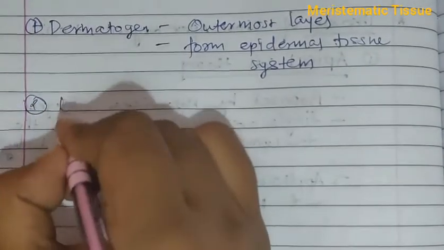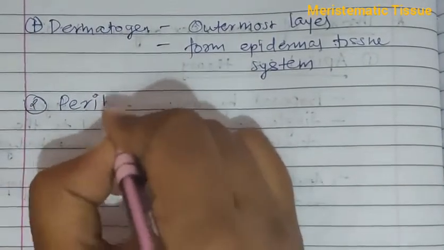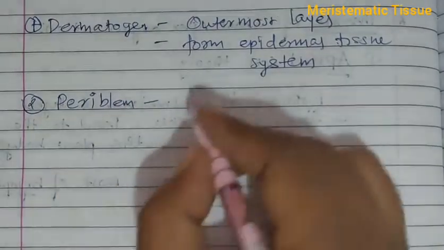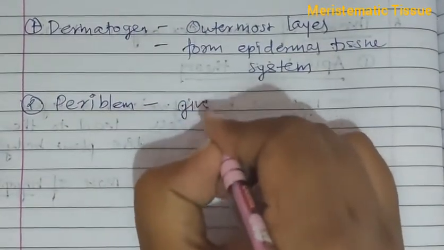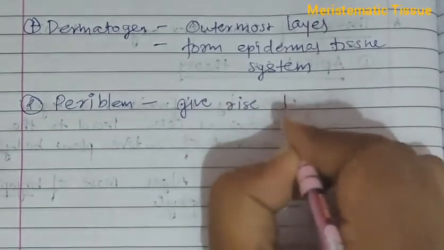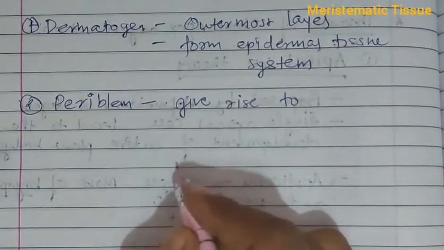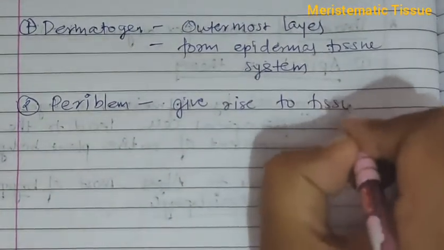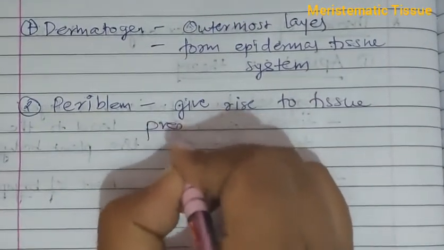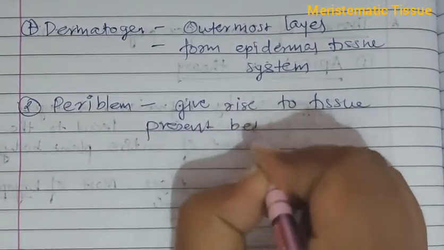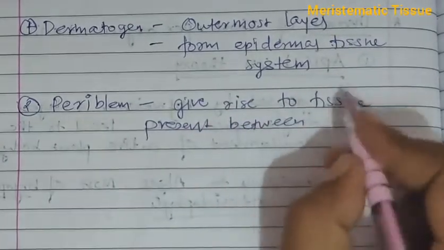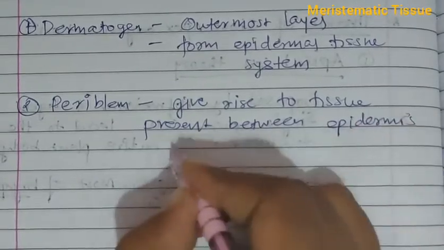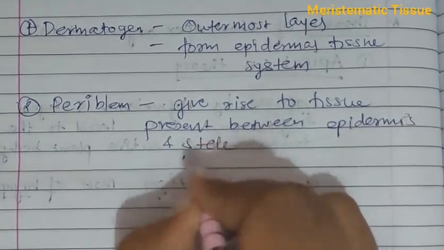Second is periblem, and periblem gives rise to the tissue present between epidermis and stele.